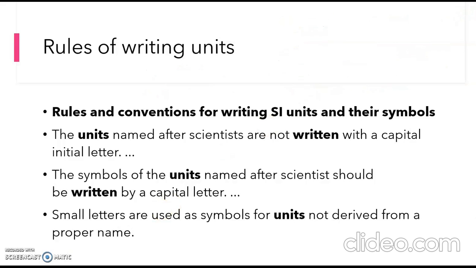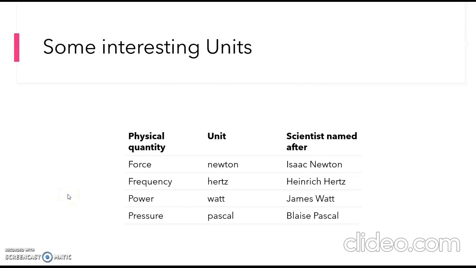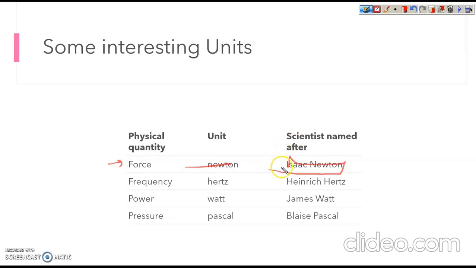Now, let's look at some interesting units. These units are all named after scientists. The unit of force is Newton, and it's named after a scientist. I hope you know this scientist. He is a very famous scientist. And then frequency, hertz. And then there is more. Charge.